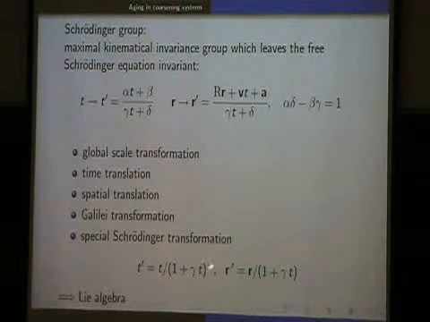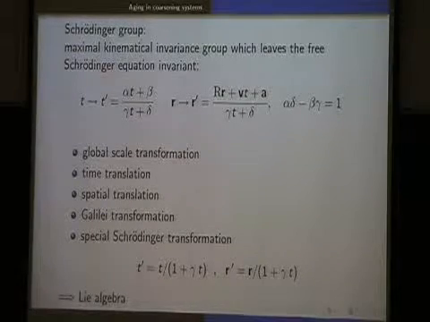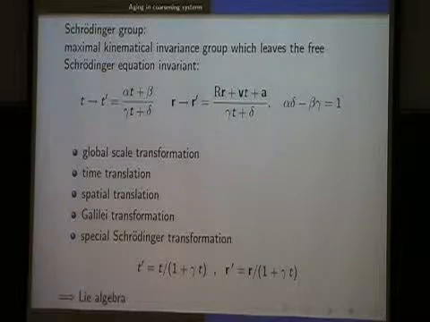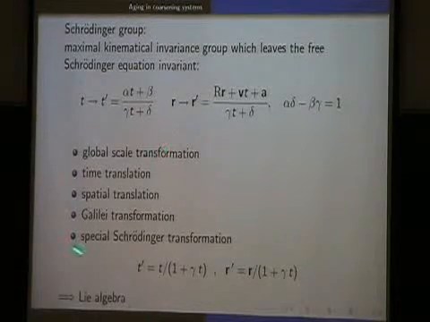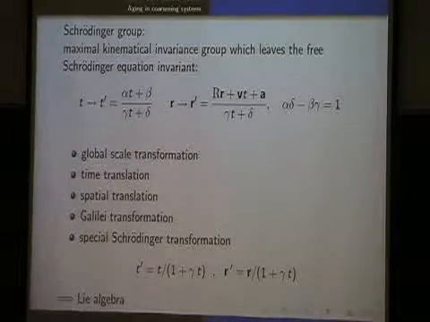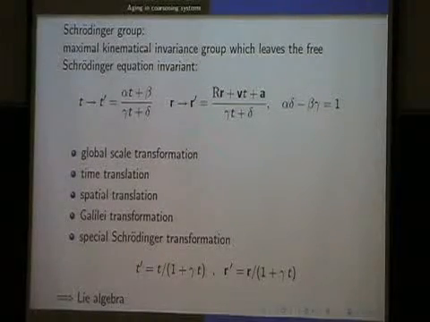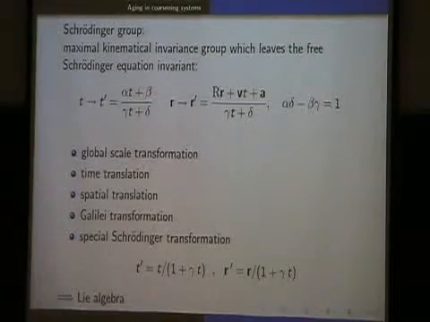Plug it in. This is the global scale transformation. Now I allow V to depend on space and time, and from this relation you can derive how V looks. But should the global one be a special case included in these? These are different symmetry elements.